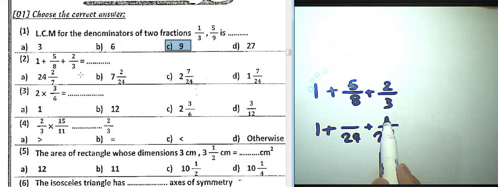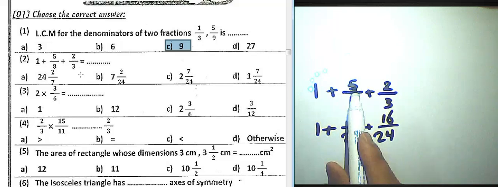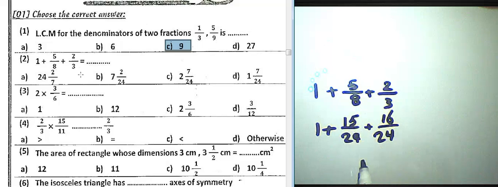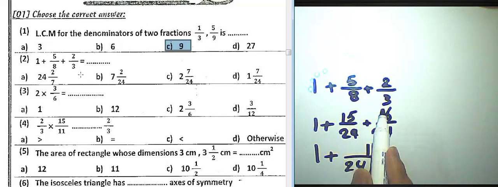Then 2 times 8 equals 16. 8 times 3 equal 24 and 3 times 5 equal 15. Then we can write 1 and 24 in the denominator. 16 plus 15: 6 plus 5 is 11, write 1 and carry 1, 2 plus 1 equal 3.